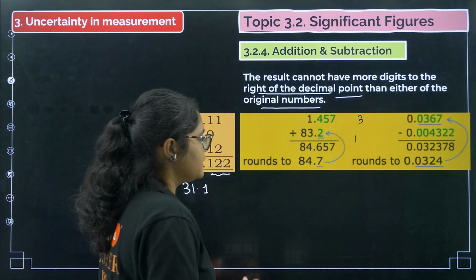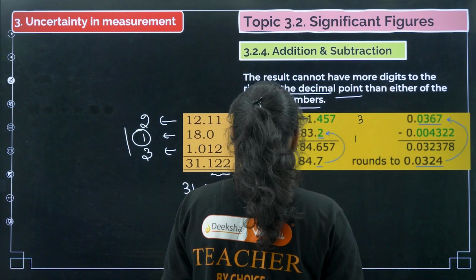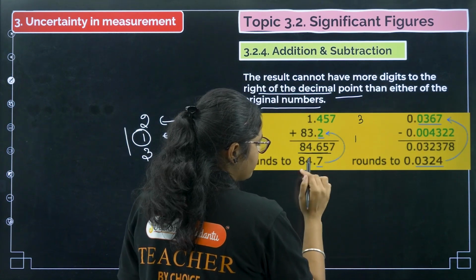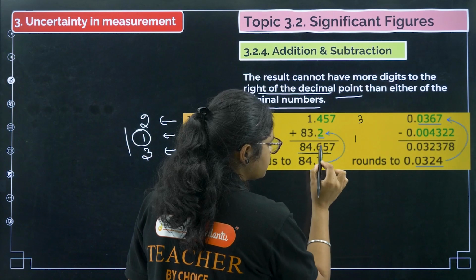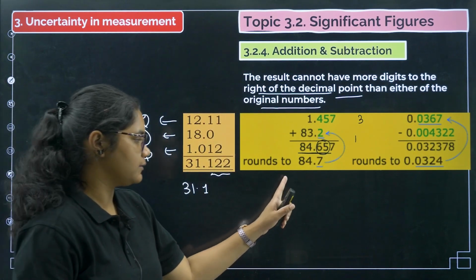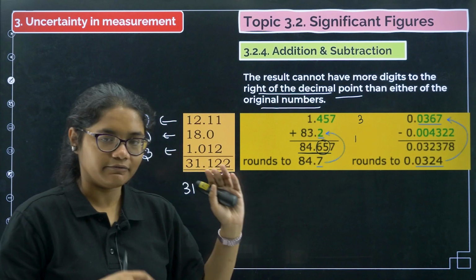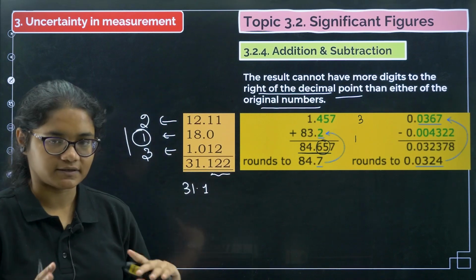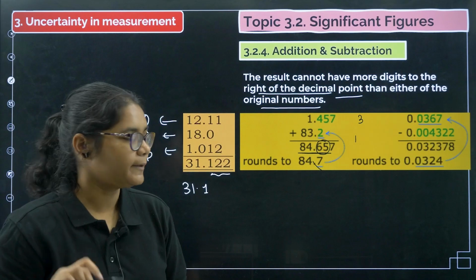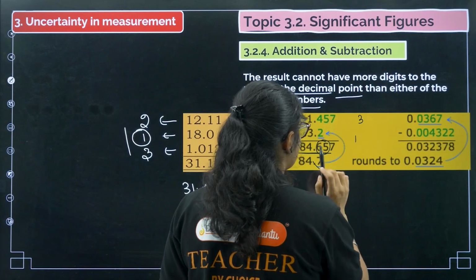I'll tell you why it is rounded off, but I need only 1 digit, so I can say this 65 is rounded off to 7, so 84.7. We will discuss these rounding off rules after some time, but you should remember that it should have only 1 digit.